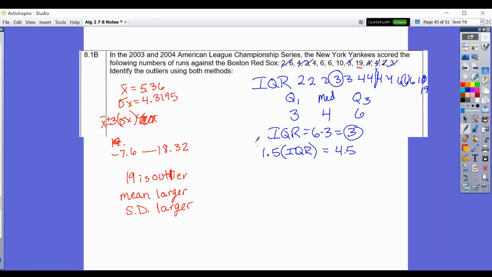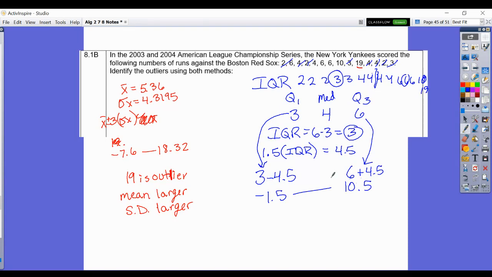You actually don't need the median. Take the first quartile and you subtract 4.5. And you take the third quartile and you add 4.5. And this is your range of data.